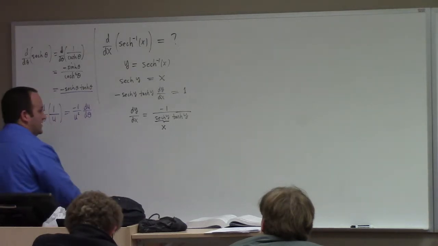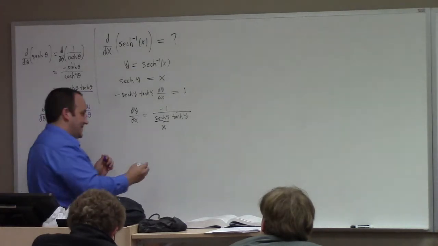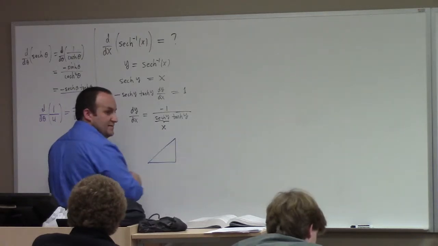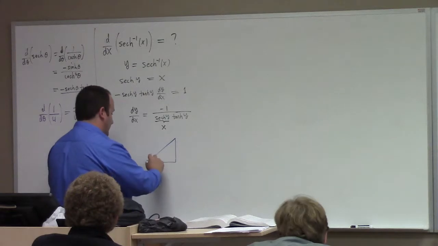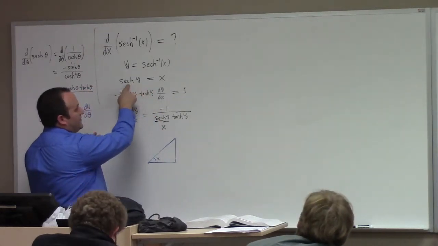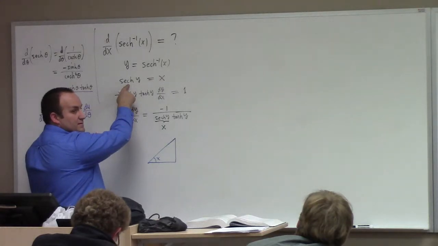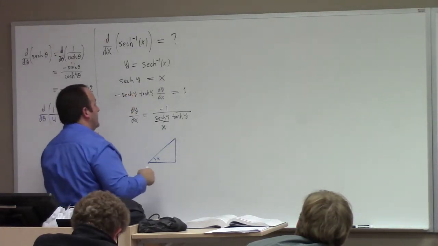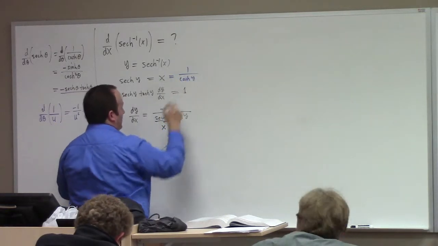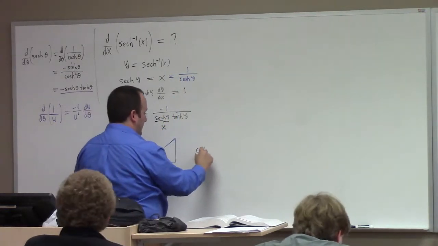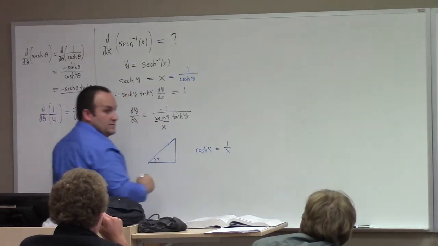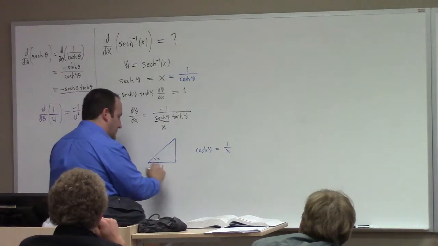You know, this seems like a good opportunity for me to introduce my interesting hyperbolic analog of the triangle. So if this angle is x, right, and we've got, this is secant, which is 1 over cosh y. So this helps me to think better. Cosh y is what? 1 over x, yeah? So I can think about this being 1.